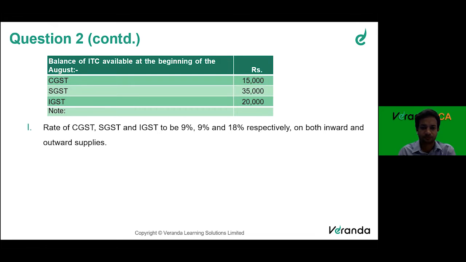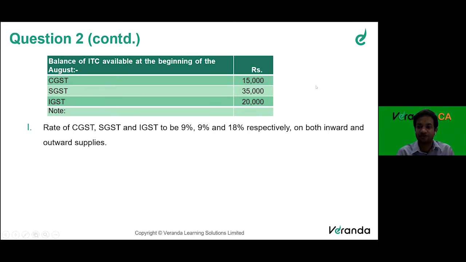Now, the taxpayer had some opening input tax credit with him. What was that? CGST was 15,000, SGST was 35,000, and IGST was 20,000. So we are going to determine the liability for the month of August. Please note, the question says the taxpayer also had opening ITC: 15, 35, and 20.